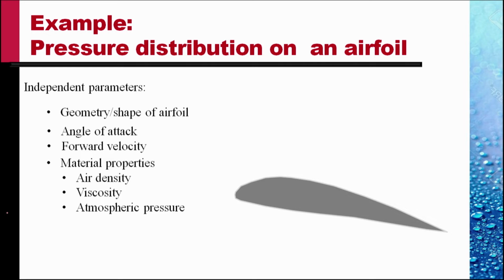They are inputs. So parameters are inputs. We choose the atmospheric pressure that we are working with. Or if we do an experiment, we measure what the atmospheric pressure is, and this is an independent parameter that does not depend upon the phenomena.